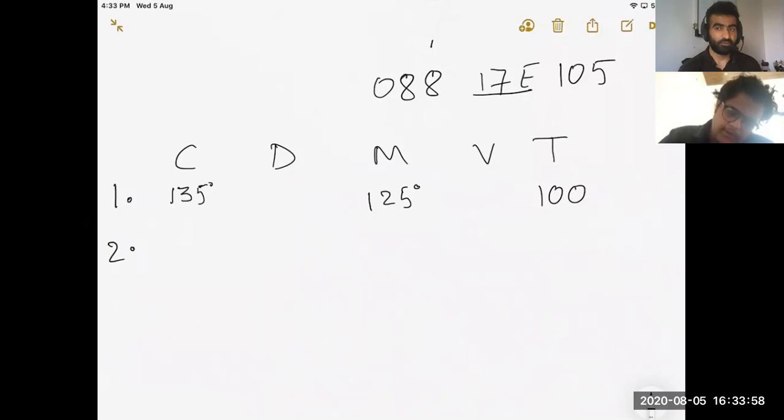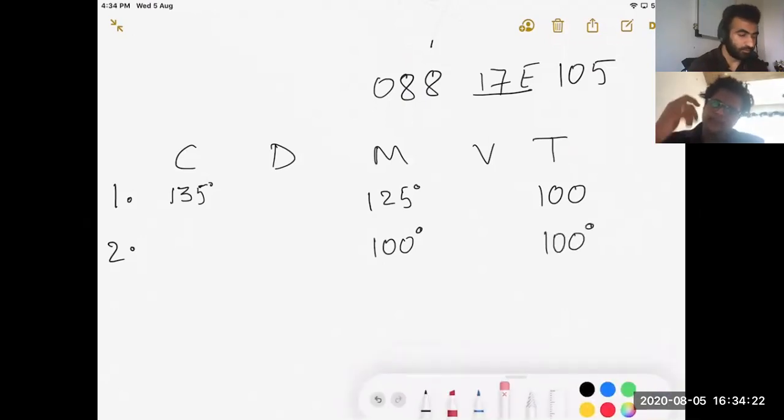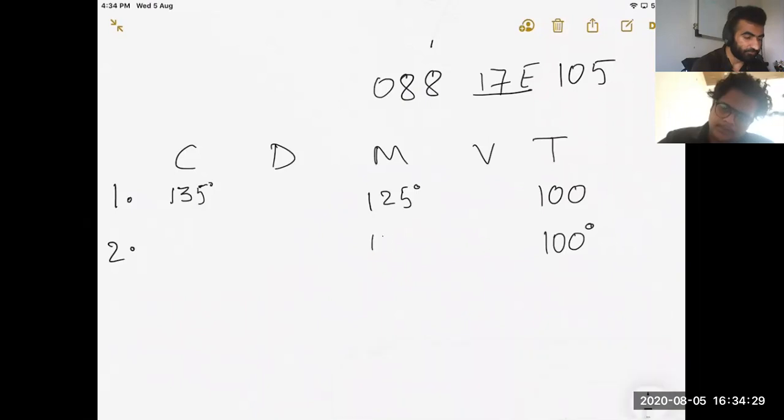Correction, the first question: the direction of aircraft relative to true north is 100. Second point: the direction of aircraft relative to magnetic north is 125.